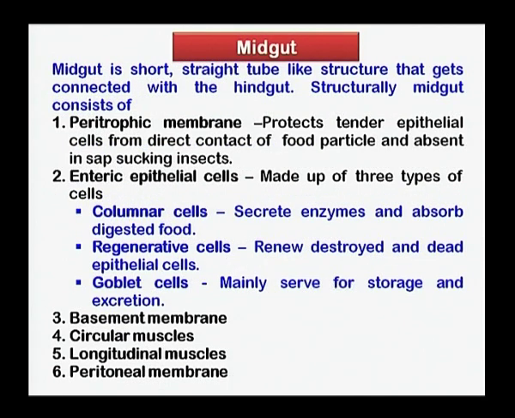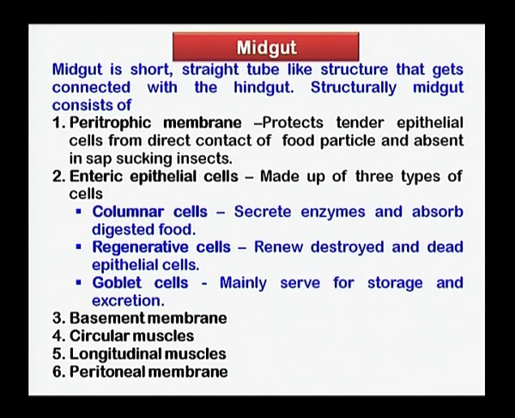Coming to the midgut, or the middle part of the alimentary canal, it is a straight tube-like structure and it is connected with the hindgut. The midgut consists of the peritrophic membrane and epithelial cells.